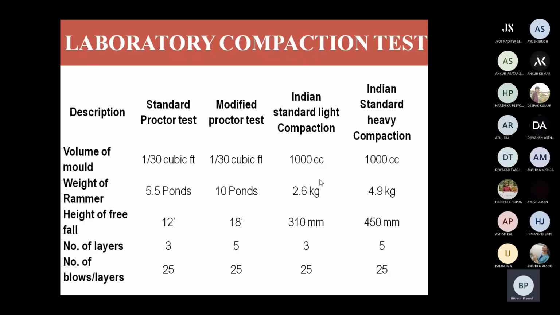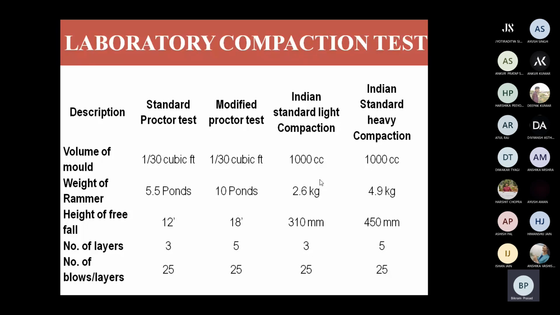The weight of the rammer is 2.6 kg in the standard light compaction, and 4.9 kg in the heavy compaction test. So this is the difference. And the height of free fall, the height through which we drop the rammer, is 310 millimeter and 450 millimeter. The number of layers we put in the mold is 3 layers in light compaction, and in heavy compaction it's 5.